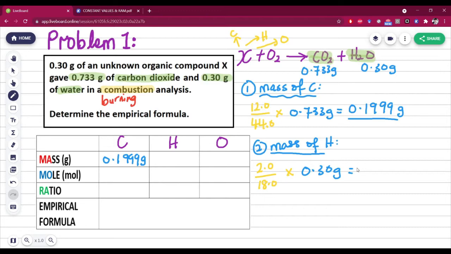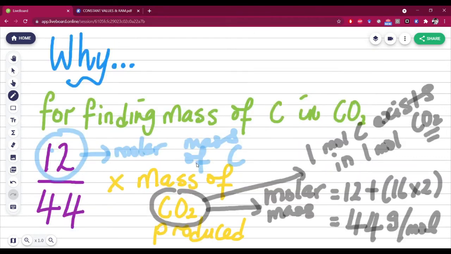And that would give you 0.0333 grams of hydrogen. Again, why do we do that? This is the reason why we do for carbon to find the mass of carbon in carbon dioxide.